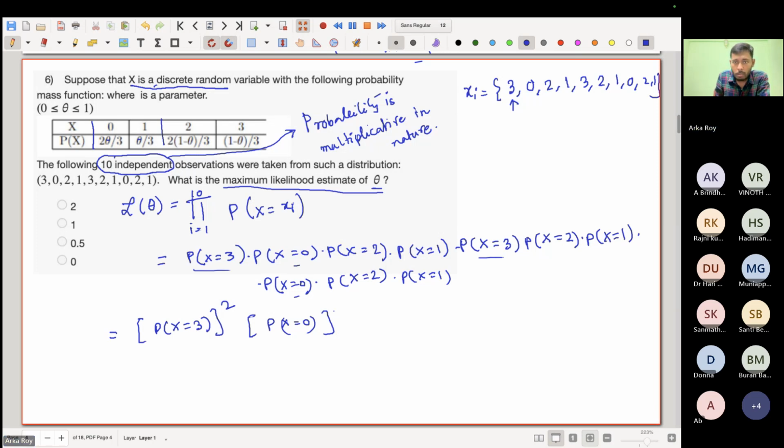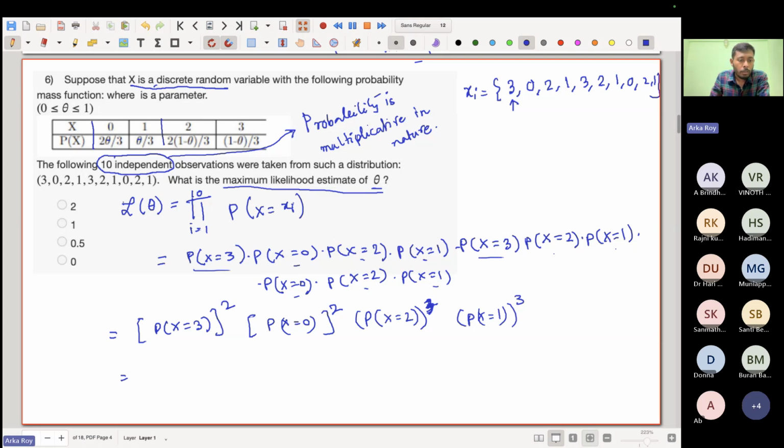So again, square. P of x equals 2 basically comes 1, 2, 3 times. And then P of x equals 1 comes 1, 2, 3 times again. It would be 3.